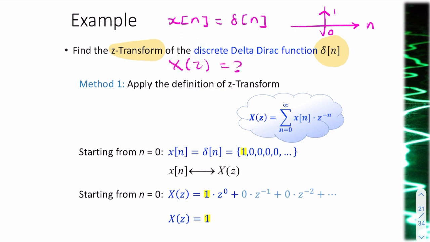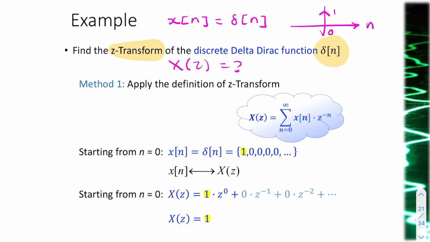So, several methods. Easiest method is just apply the definition. Now, the definition might look really complex, but all we're actually doing is taking each value of x of n, in which in this case there's only one, and multiplying it times z to the minus n.